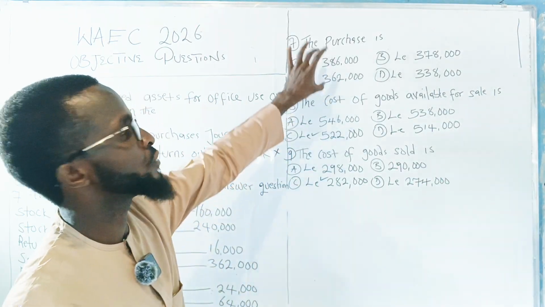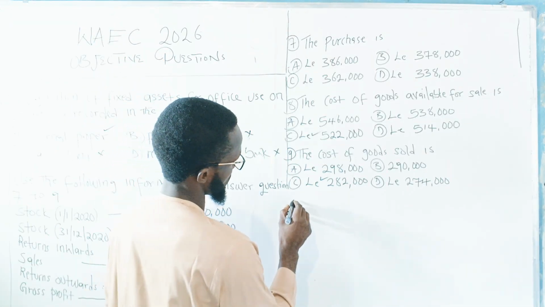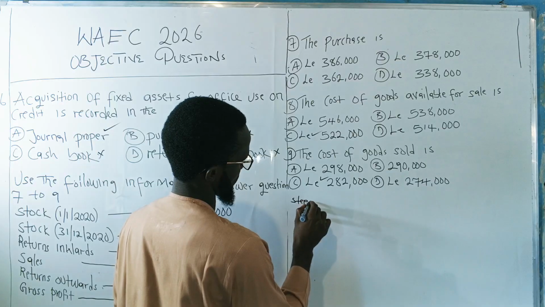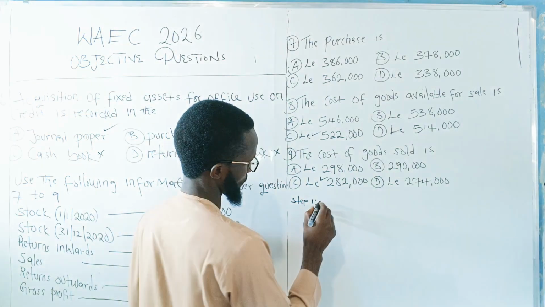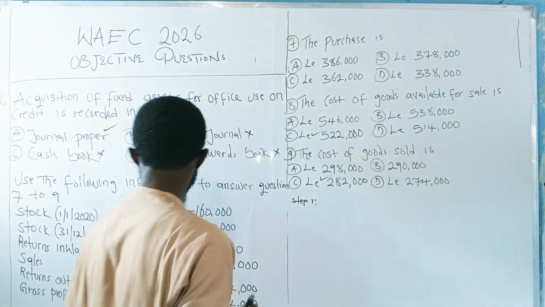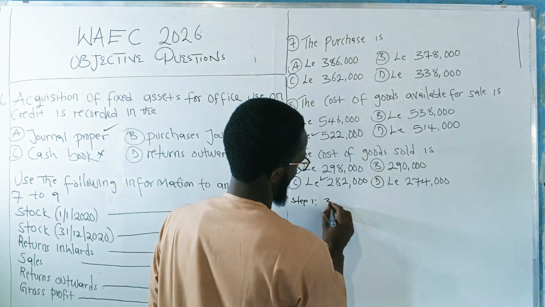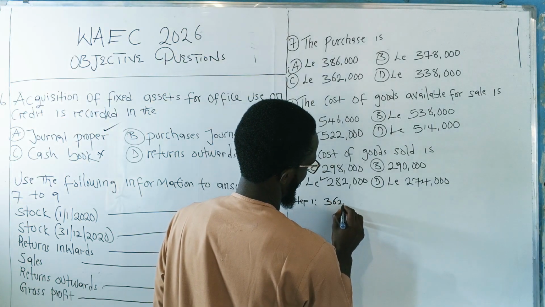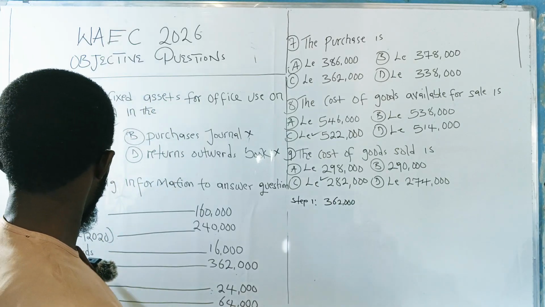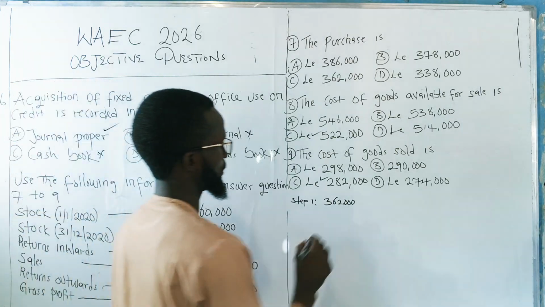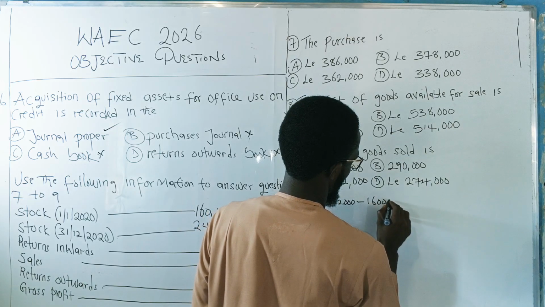So let's try to determine our purchase here in order to answer the question. Let's call it step 1. You have to find your net sales. Remember the sales has been given in the question: 362,000 lei minus return inwards 16,000 lei.